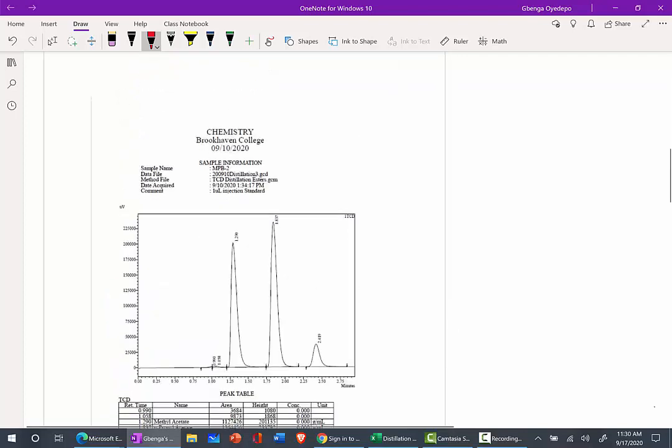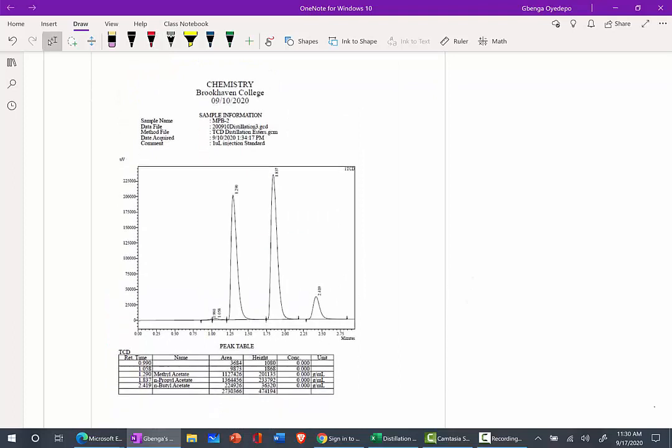Let us take a look at standard number 2. Again, the lab manager injected methyl acetate, propyl acetate, and butyl acetate, which is why he's using the acronym MPB.